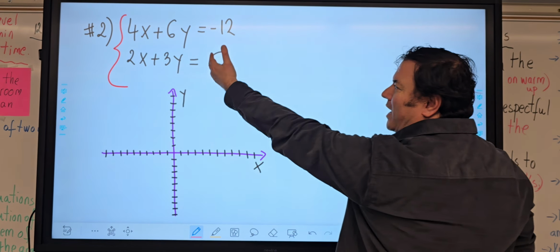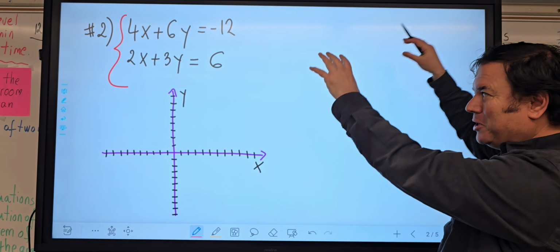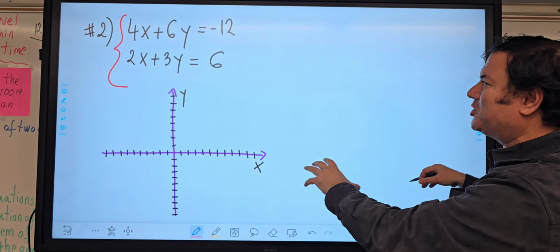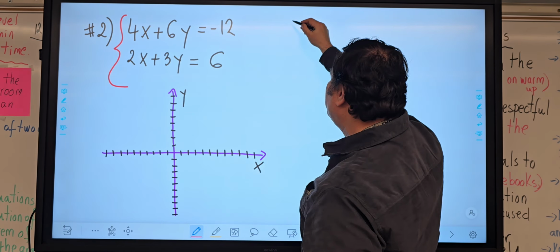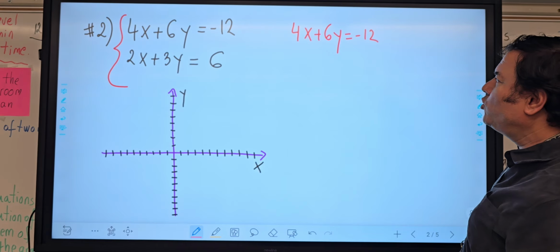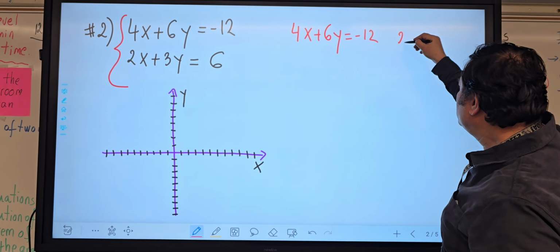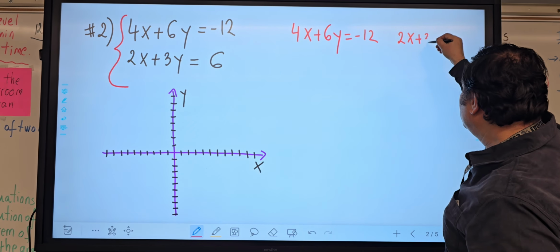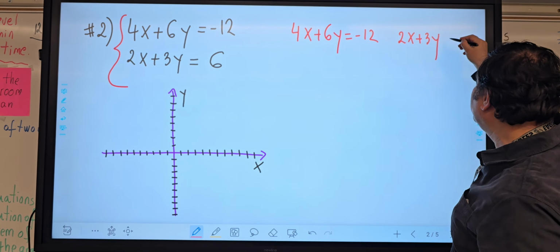We see that y is not by itself, so we need to make sure y is by itself first in both equations. Let's rewrite the first equation. 4x plus 6y equals negative 12. And the second equation, we have 2x plus 3y equals 6.